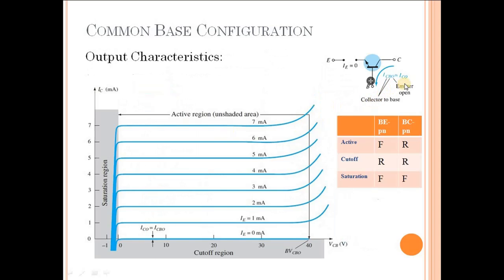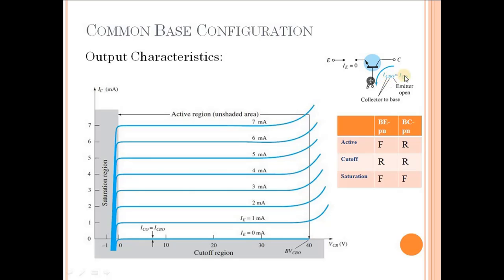And one more thing to be kept in mind, the ICO current which we are referring to is the minority current when the emitter terminal is open. In the case of common base configuration, whenever IE is 0, whatever minority current ICO contributes to the collector current, we also refer to it as ICBO. So ICO is referred to as ICBO in the case of common base configuration.